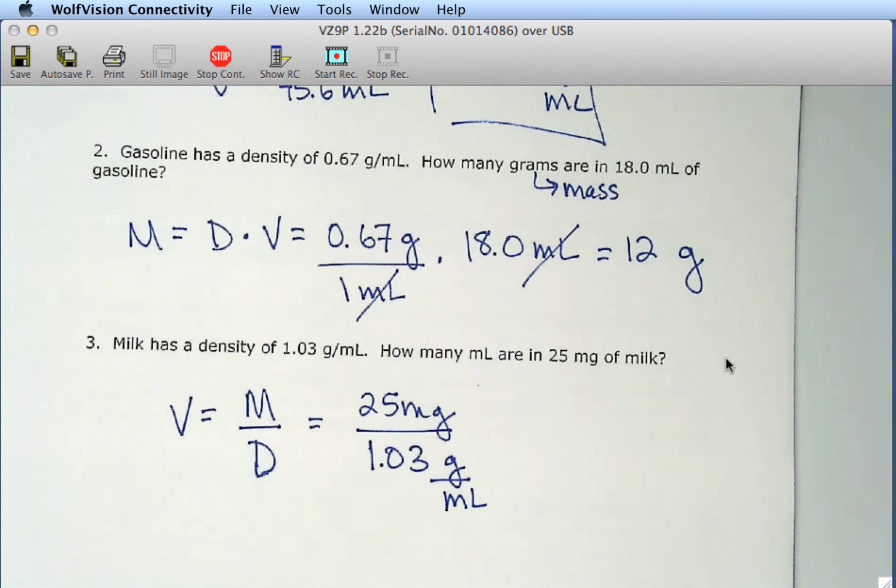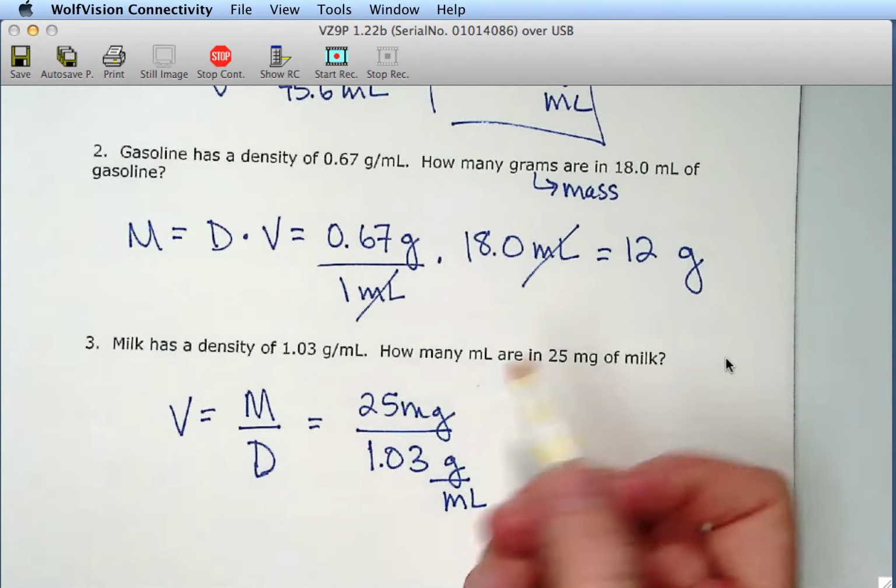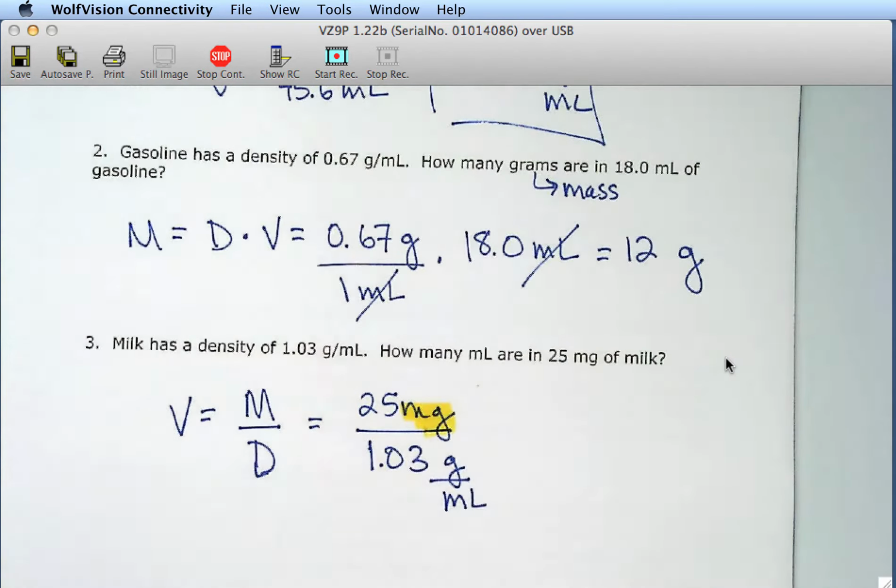This is definitely a case where working the conversion way might be beneficial, because you can say, oh, I need to convert milligrams to grams, and then I can convert grams to milliliters. That makes sense. So right now, this density triangle is not going to work out, because I have units of milligrams and I have units of grams.